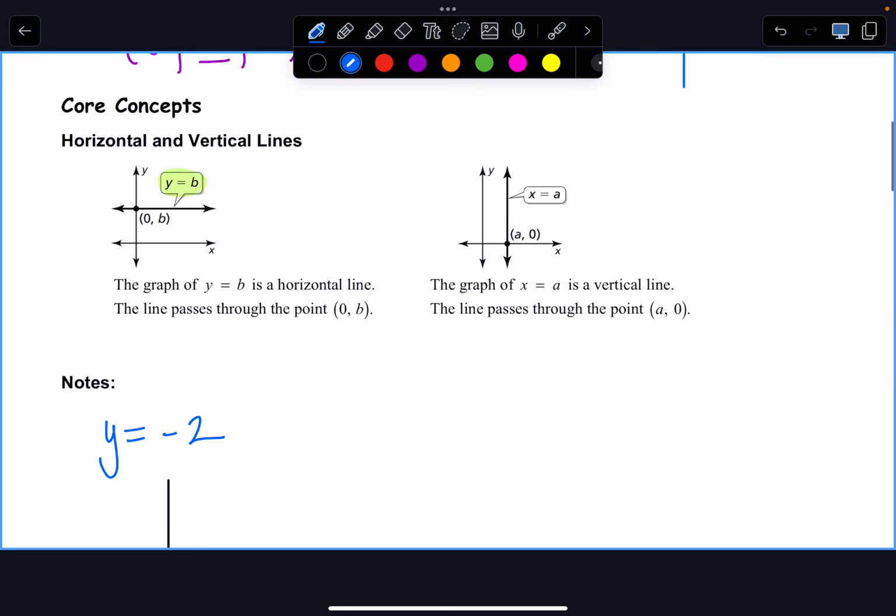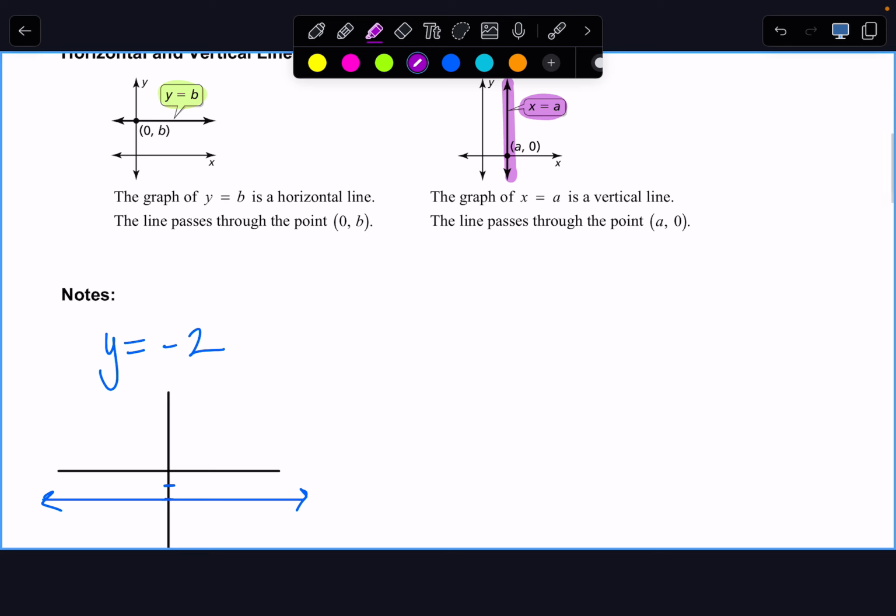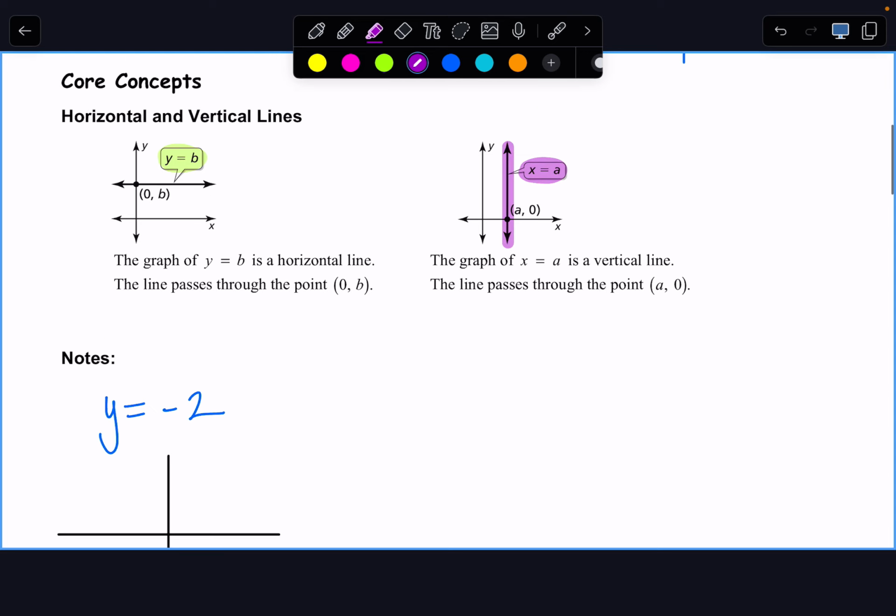Now, if we have a vertical line, then we have x equals some number. If we pretend that this is x equals 1, this is the coordinate 1, 0, 1, 1, 1, 17, 1, negative 5. Every single coordinate has an x value of 1.